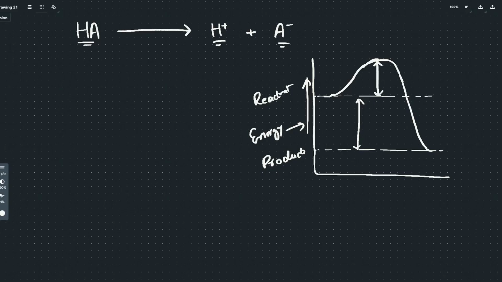Now in some reactions there is some role of enzymes here, right? But we will not go into enzymes in this lecture. What actually happens is that reactants may collide with each other spontaneously, and then they may get more energized.